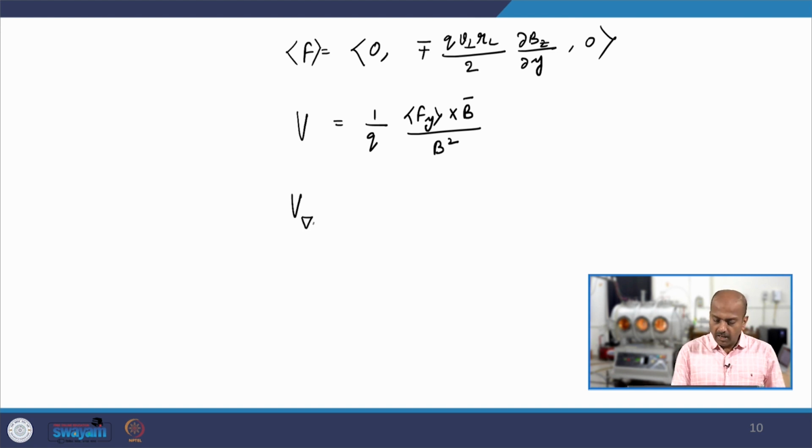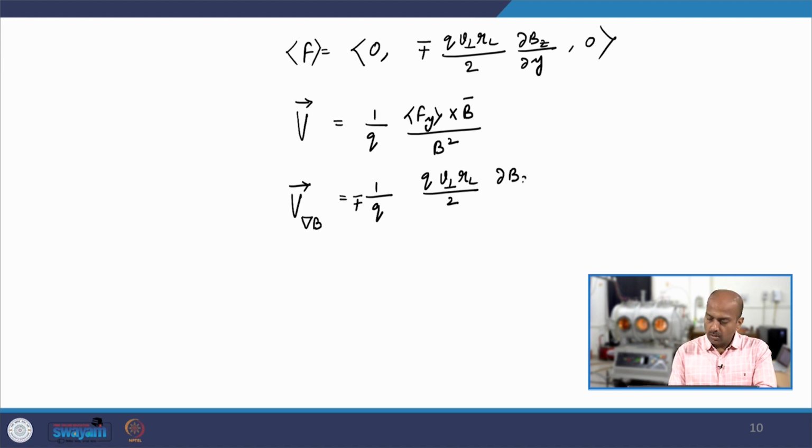Since this is due to the gradient in the magnetic field, I will write the gradient drift velocity as minus plus 1 by q times q v perpendicular RL by 2 dou Bz by dou y along y cap, cross Bz.